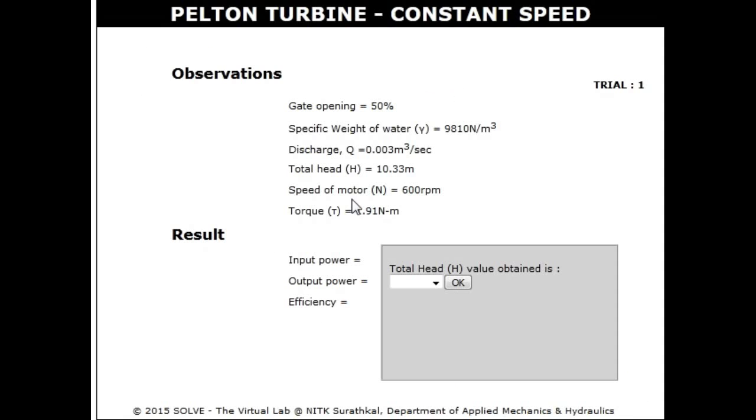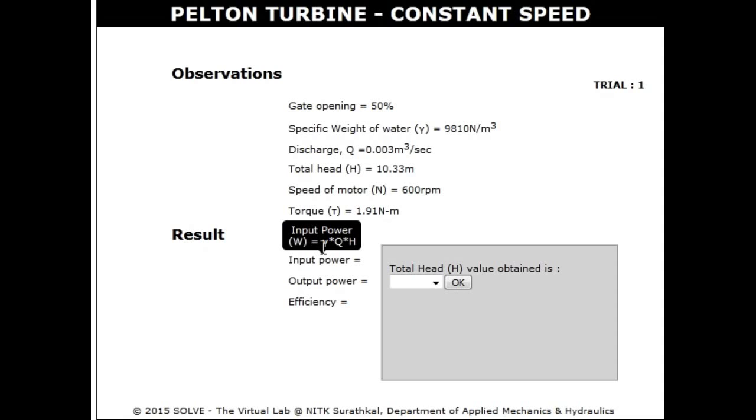Now we have input power, that is pressure into discharge, which is nothing but rho g H into Q. Rho is density, g is acceleration due to gravity, rho into g is the specific weight, and H is the head over the turbine.